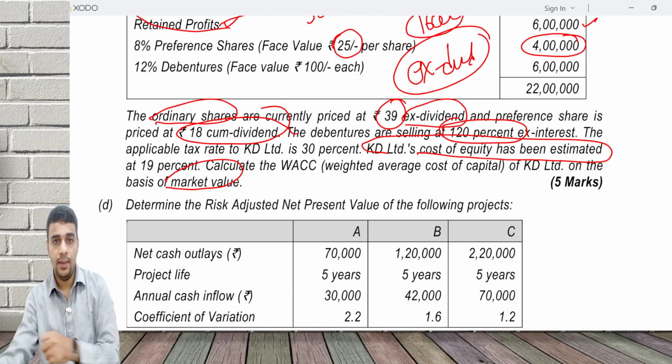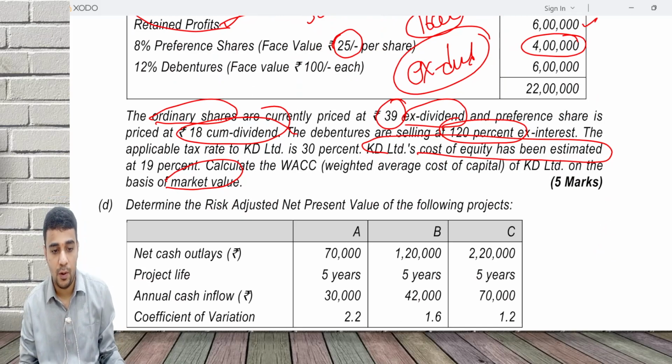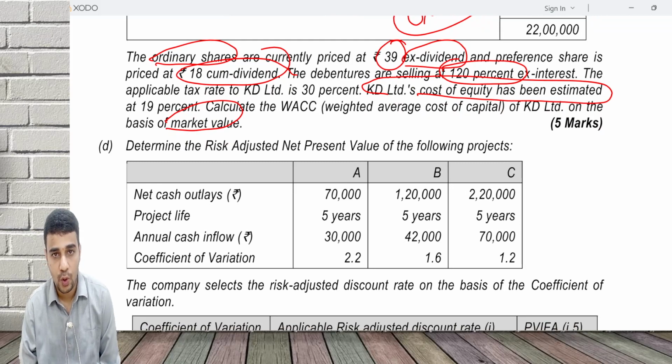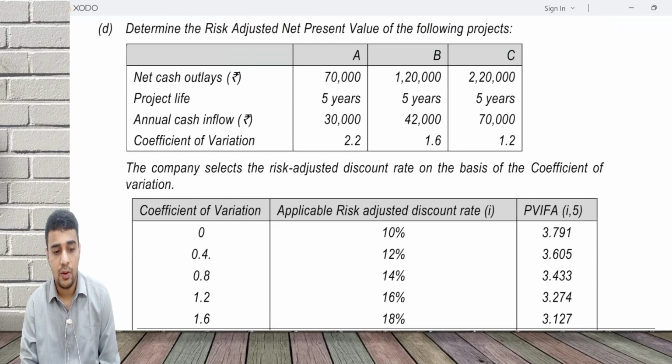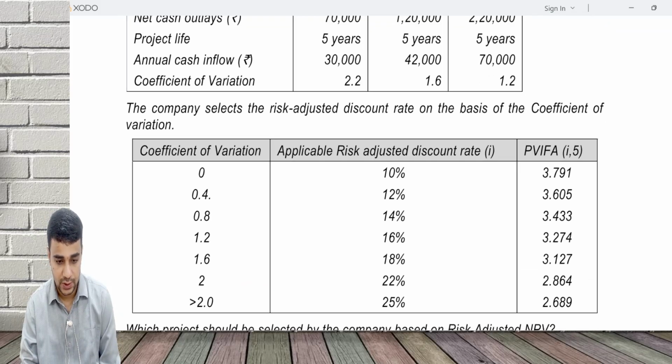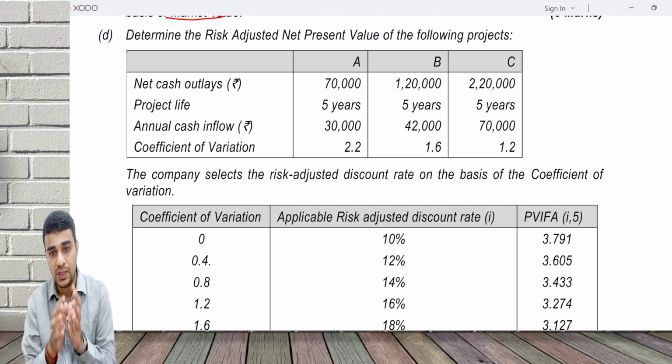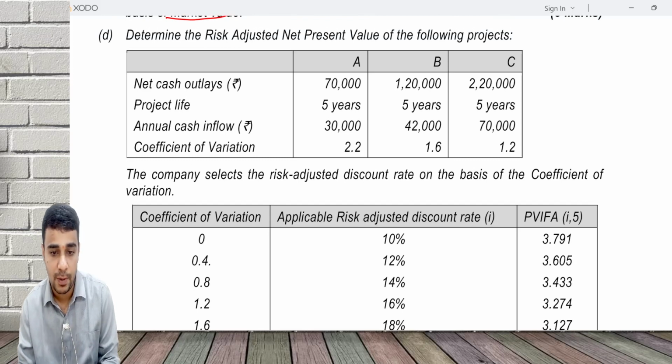1D, determine the risk adjusted NPV of the following projects: outlay, project life, inflow, coefficient of variation. The company selects the RADR on the basis of coefficient of variation. Which project should be selected by the company based on risk adjusted NPV? Go through this. I think this was the simplest of the problems in the exam.